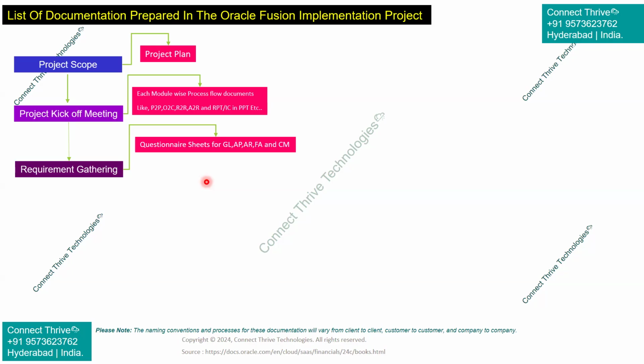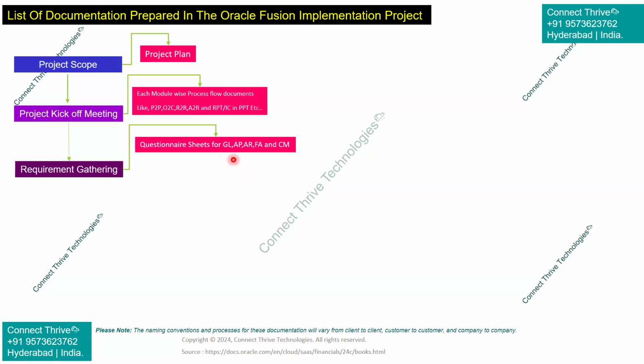By seeing the legacy ERP system which they are using, that legacy ERP system related solution documents they are going to share with us. We have to go through those documents, and get an idea of how they are booking the invoices, making the payment, and the entire process flows.